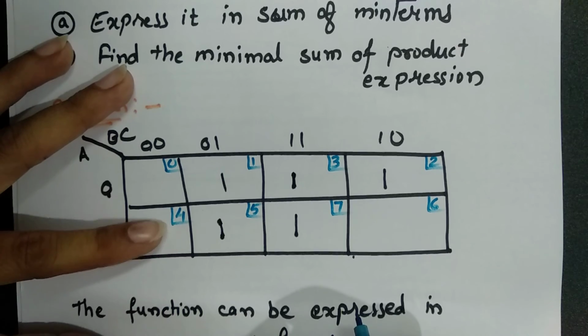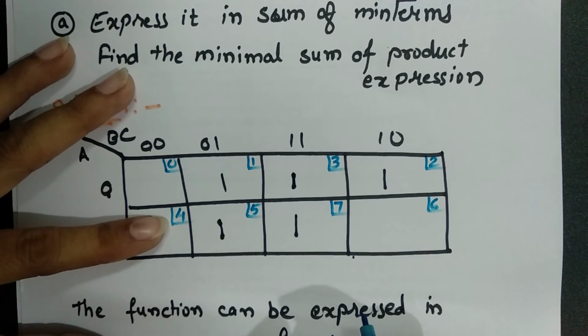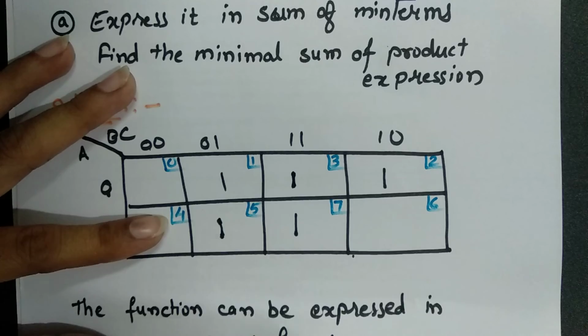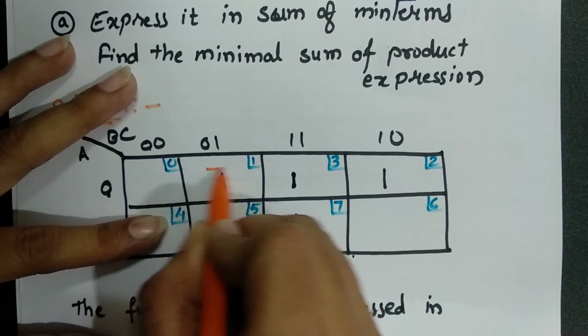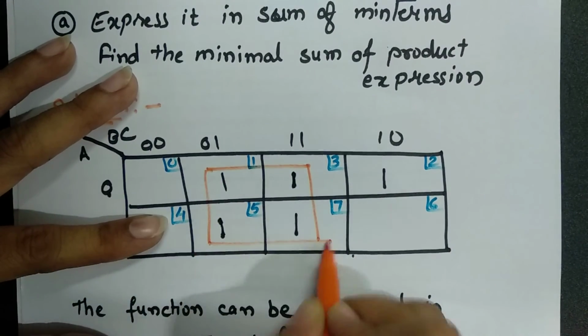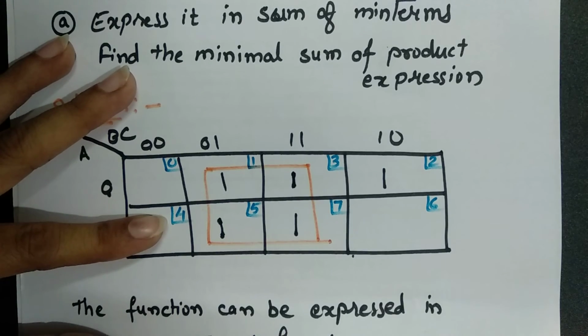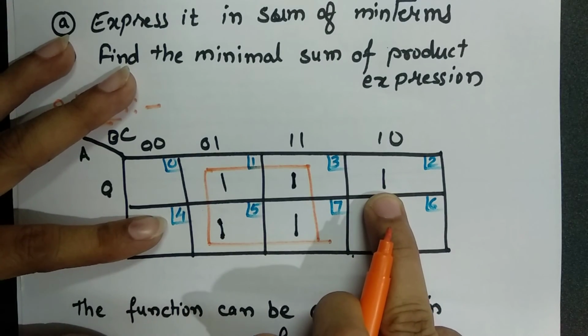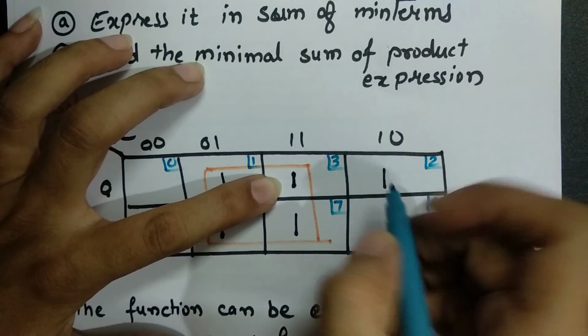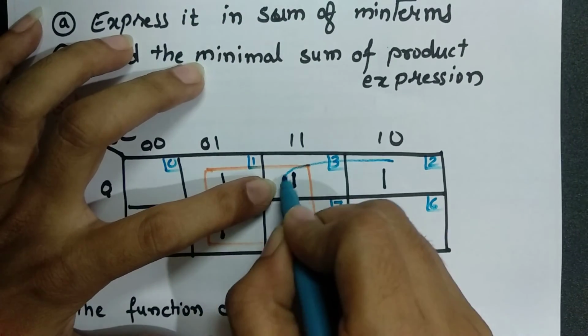Can we make the group of 4? Yes, we can make group of 4. So here it is, group of 4. Okay, next left is only this one, which can be possible with the adjacent one. So this is your second group.